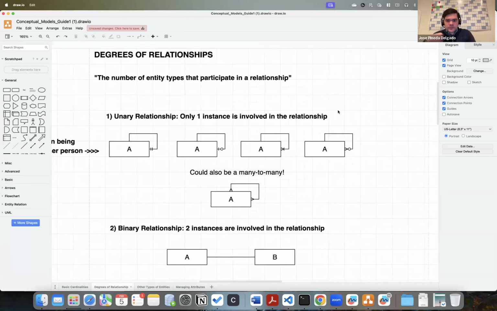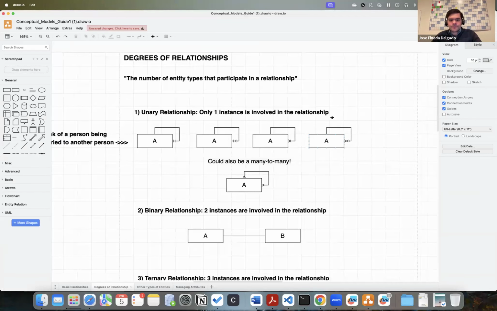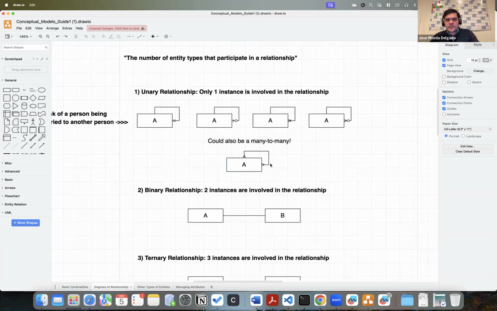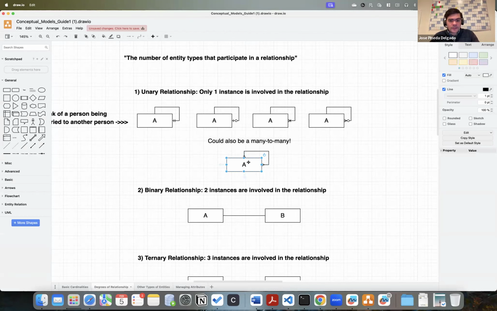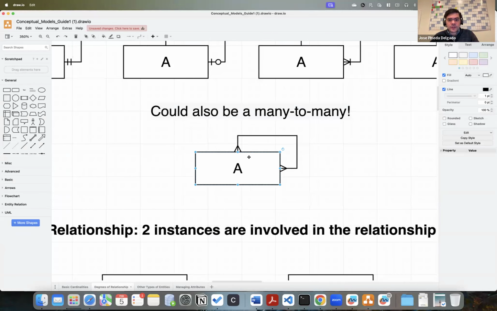All right, so that's the logic behind those. Now, notice here we have the many-to-many relationship with unary. That means that there's going to be a lot of information there that we might want to gather. If we had that, that's the most common example, could be something like a marriage.